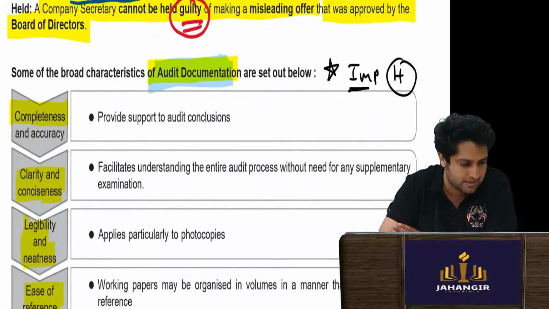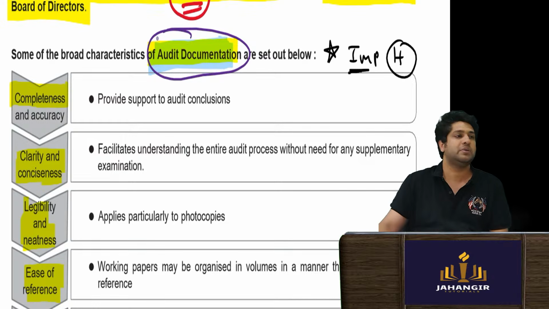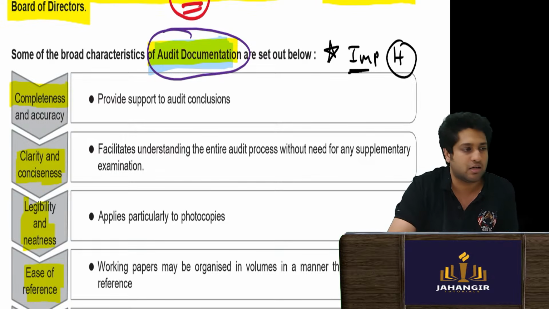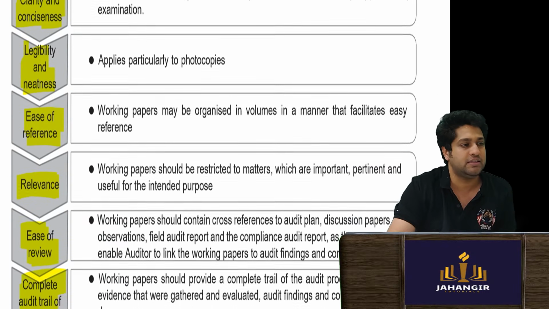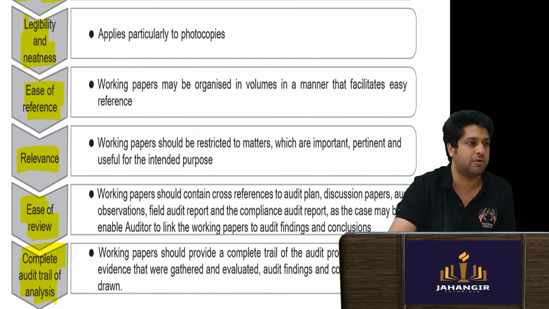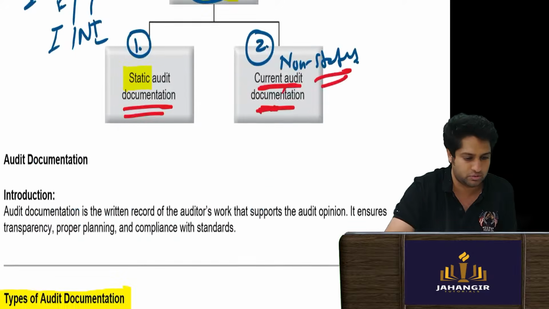And one last part is very important: audit documentation should be complete, concise, neat, with easy referencing, proper numbering, page numbers, etc. Relevant, easy to review and usable in subsequent years.